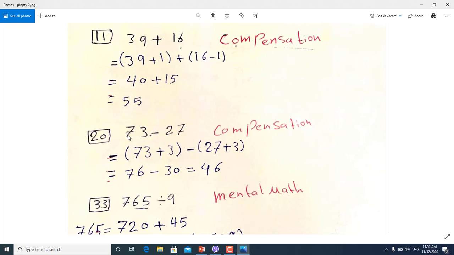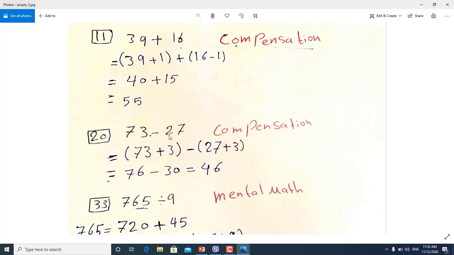From number 20, we have 73 minus 27. We have two-digit numbers, and subtraction. That means you can use compensation and make a number a multiple of 10. So let's change this 27 to 30. You can change this 73 to 80, or this 27 to 30.